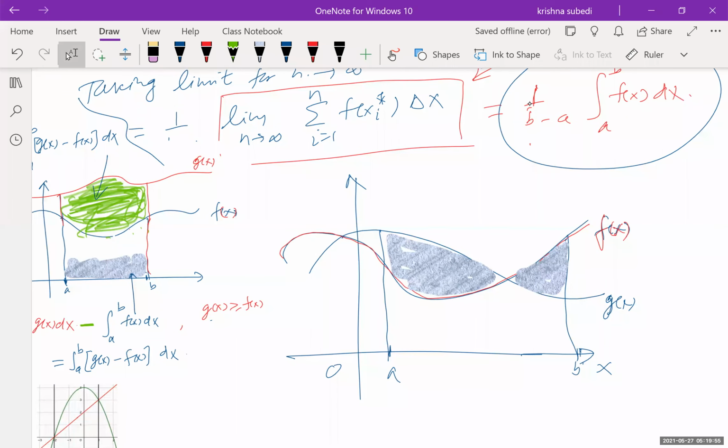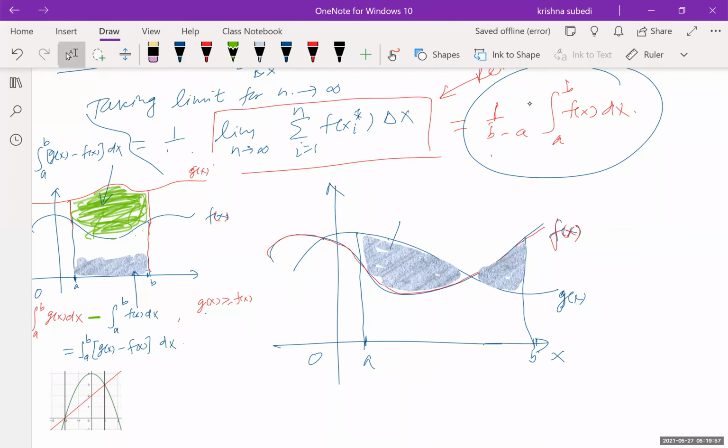Now, what will be the formula? So what is this part? This part, in this case, your g function is bigger. And we need to know this is the point of intersection. Let's say this is C. Notice that this is your point of intersection. So from A to C, your g function is bigger, so g of x minus f of x dx.